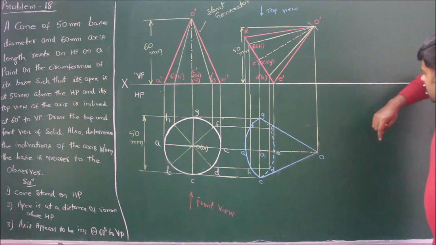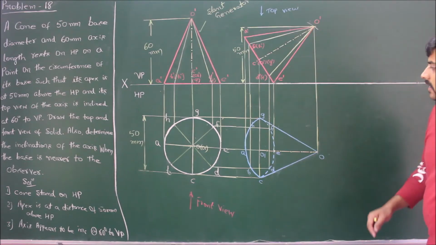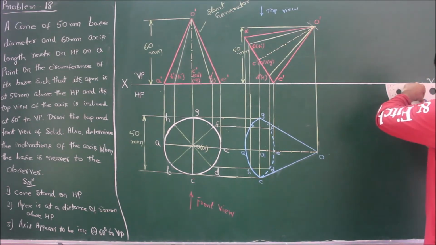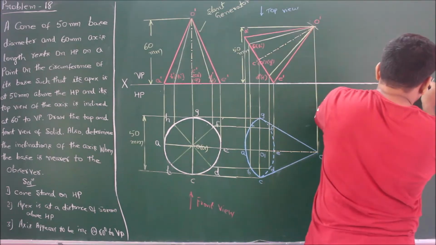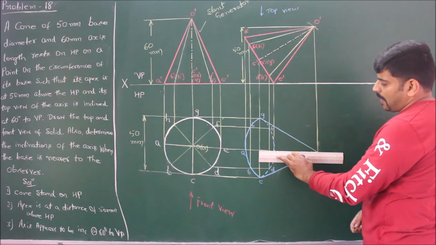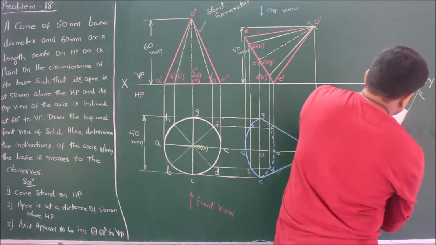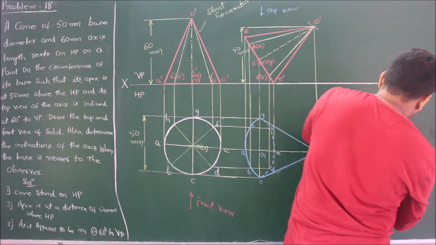First, you mark a 60 degree line inclined to the vertical plane using a protractor. Initially, I am marking 60 degrees. Draw a reference line on this 60 degree marking. Measure the apparent length of this axis and transfer it to the angle of 60 degrees.